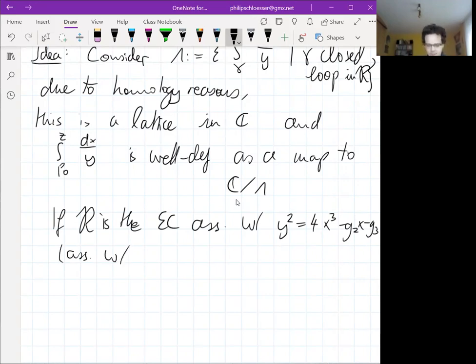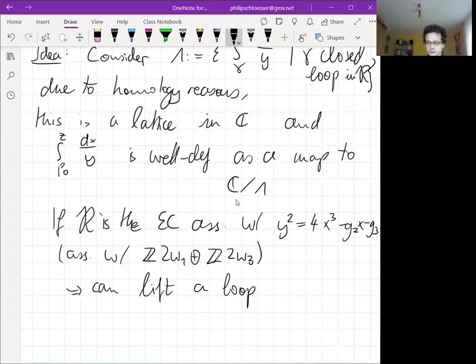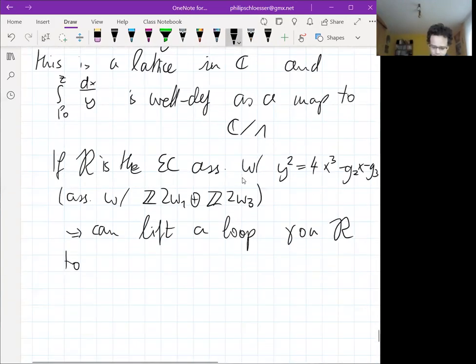Associated, or so, yeah, the elliptic curve associated to the lattice Z times 2 omega 1 direct sum Z 2 omega 3, then we can lift a loop gamma on the Riemann surface to not a loop, but to a curve gamma hat on C, which is the universal cover.